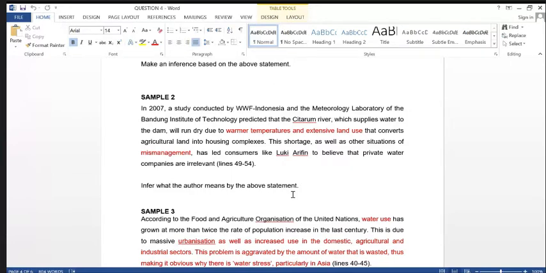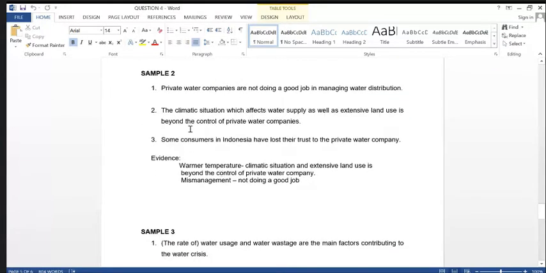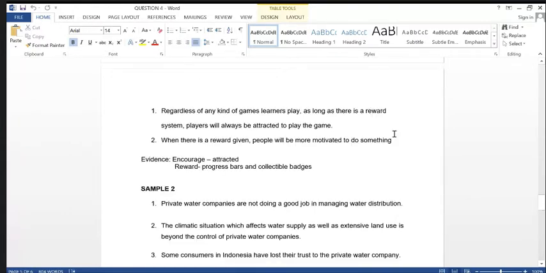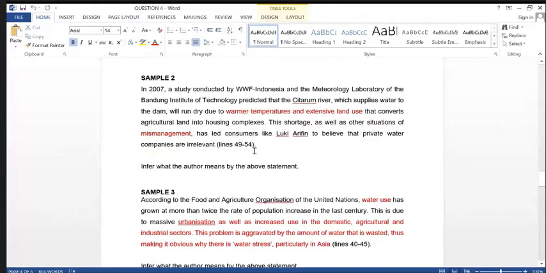Okay, based on those two focuses, I have written this inference for sample 2. Let's look at it one by one. Inference number 1: private water companies are not doing a good job in managing water distribution, or managing the water supply problem, for example. Why do I make this inference? Based on this part where they say there is mismanagement, and who is this mismanagement targeting?